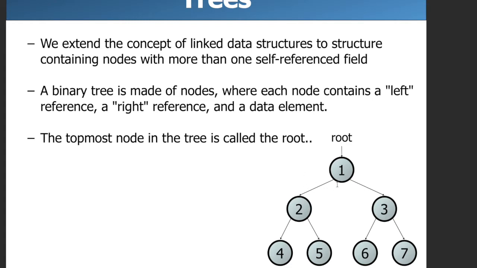A binary tree can have 0, 1, or 2 children. At most, it has 2 children. So it cannot have 3 children. For example, you can see here only 2 nodes, or 0 children.